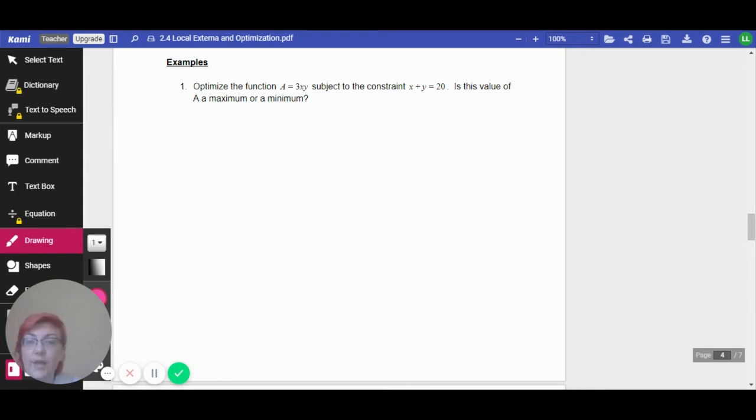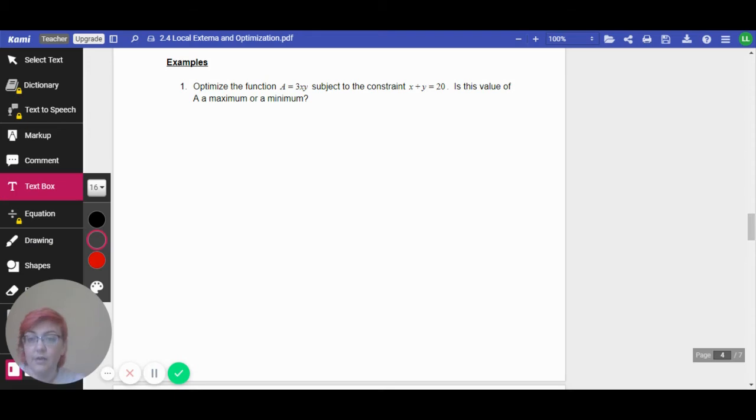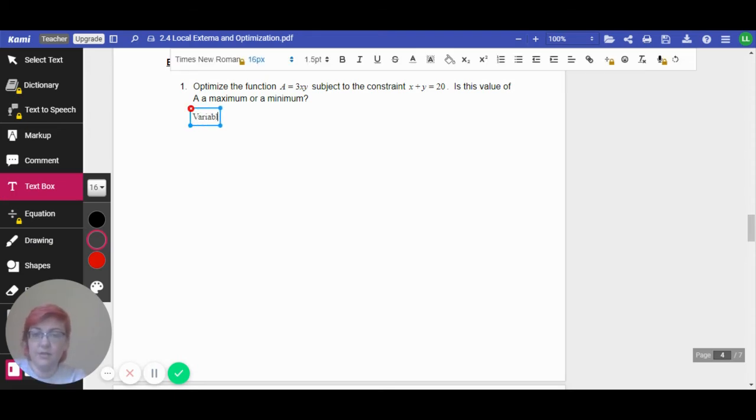Okay, so the first thing I need to look at is, what are my variables? My variables are A, x, and y. I also know that my constraint is that x plus y must equal 20. That's it written algebraically.